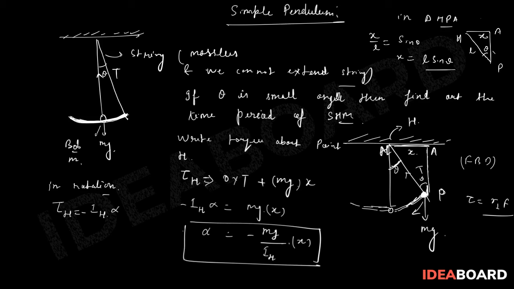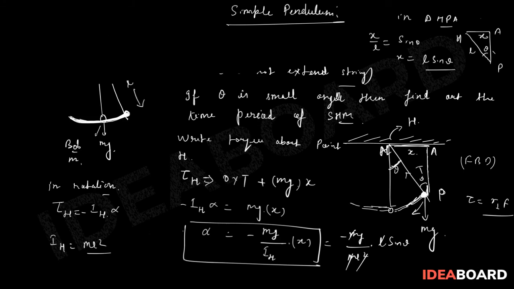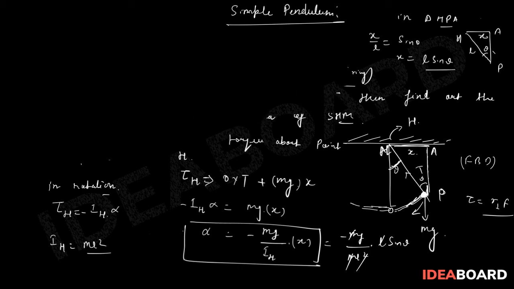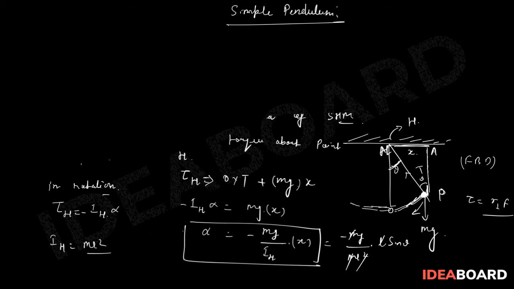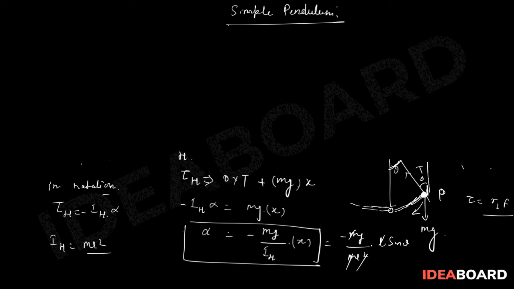So we can substitute. Also, the moment of inertia about point H: this is our small particle, which is L distance away from this point. That means mL squared is the moment of inertia. If you substitute that here, minus mg upon mL squared into x, which is L sine theta, m and m cancel out.